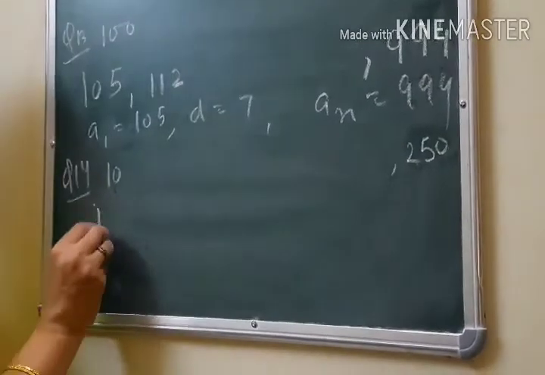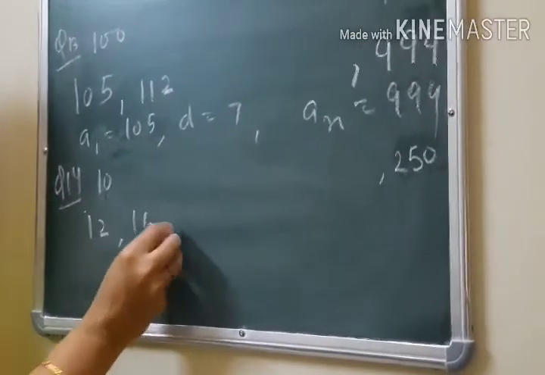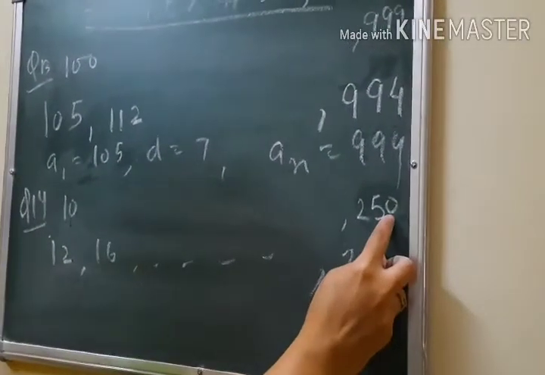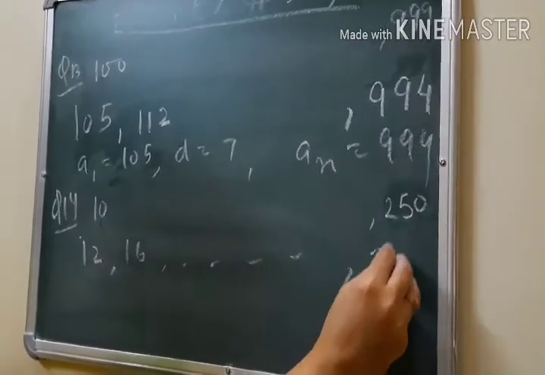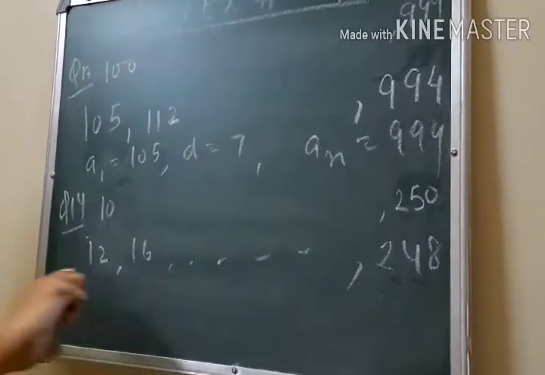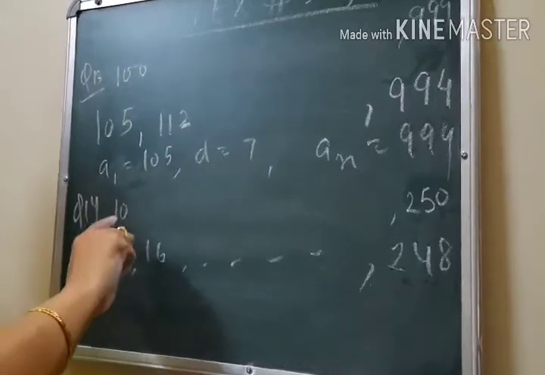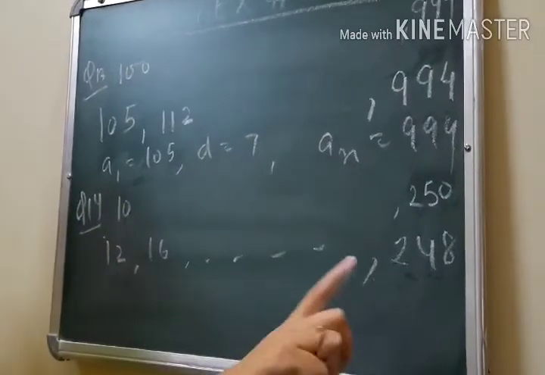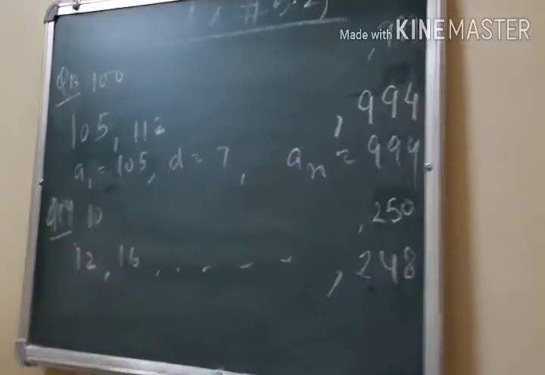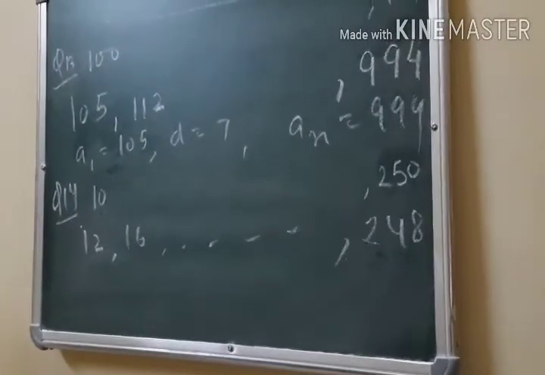The first number will be 12, then 16 and so on, till which number? 250 is not divisible, 249 will not be divisible, 248 will be divisible. So we have framed an AP of the numbers between 10 and 250 which are divisible by 4. Now follow the same method as in question number 13 and you can find it.